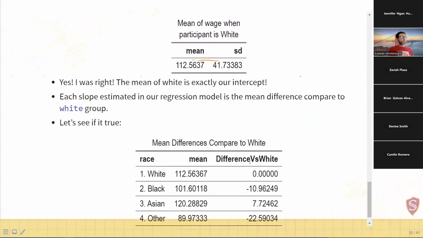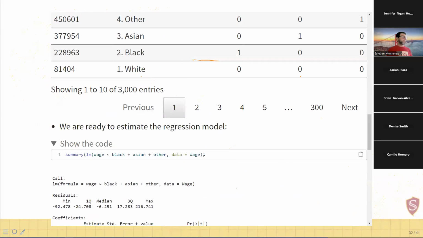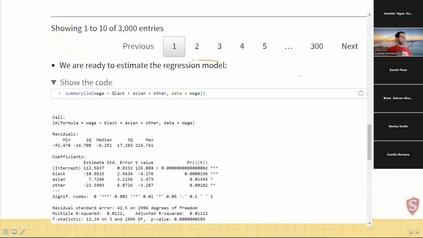So again, if you don't believe what I said, what I did was to do everything by hand. Thank you, Layla. What I mean is that if you add another variable here that says white, the equation will transform the intercept into something else, right? So you will not be measuring the distance from any group. You will be measuring something that is not even interpretable, right?